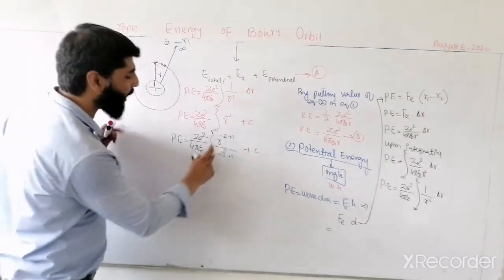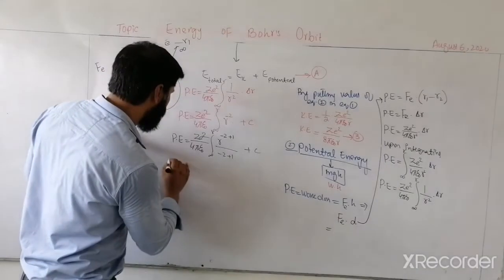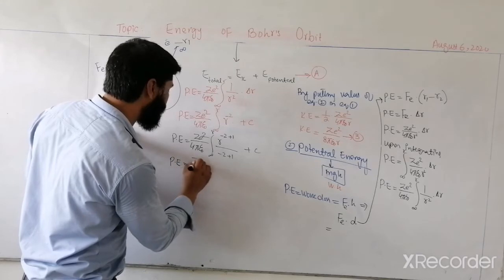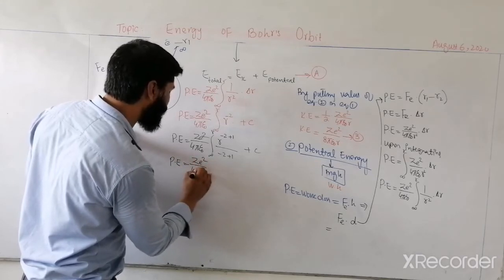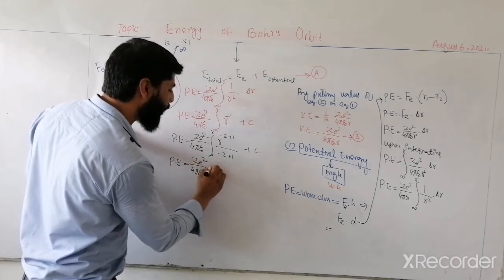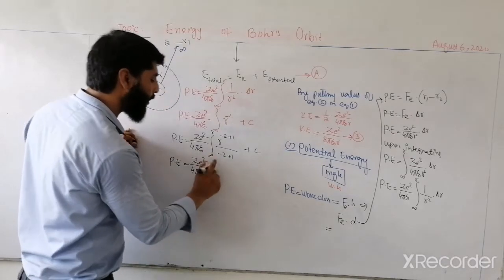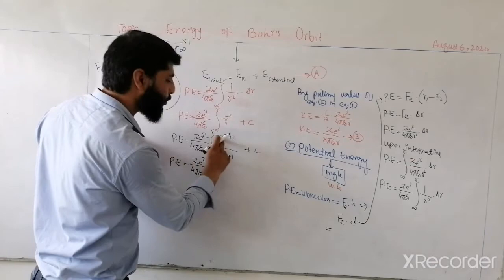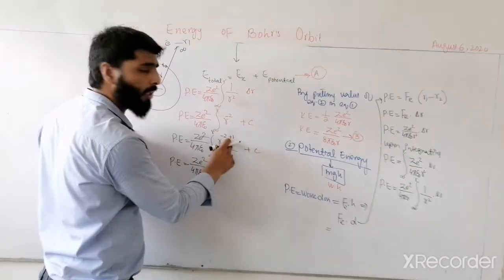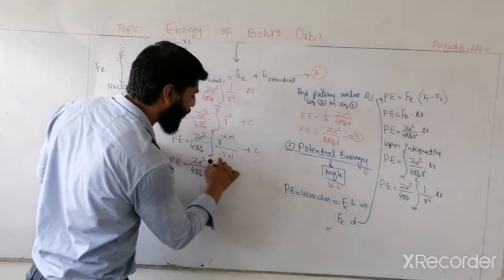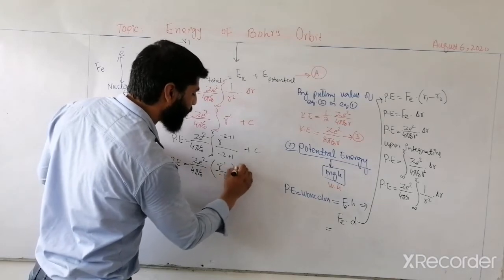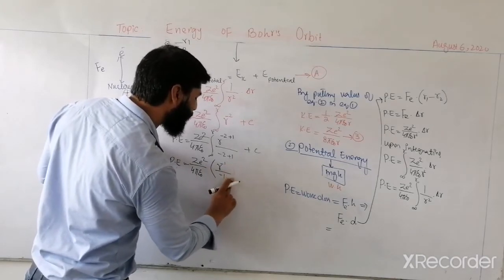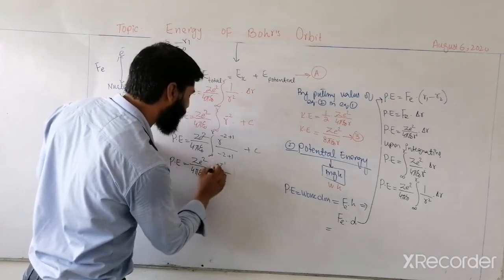On simplifying, the potential energy is equal to Ze² divided by 4πε₀ into the solution of this one: minus 2 plus 1 is minus 1, divided by minus 1, and the limit will be shifted here.